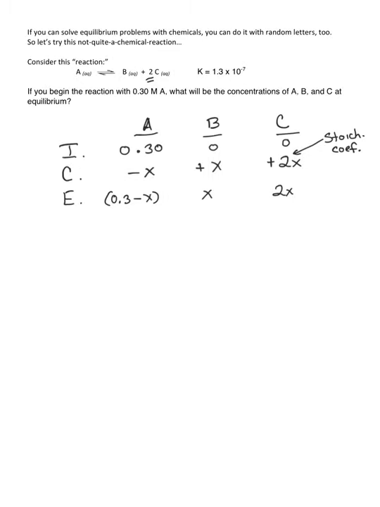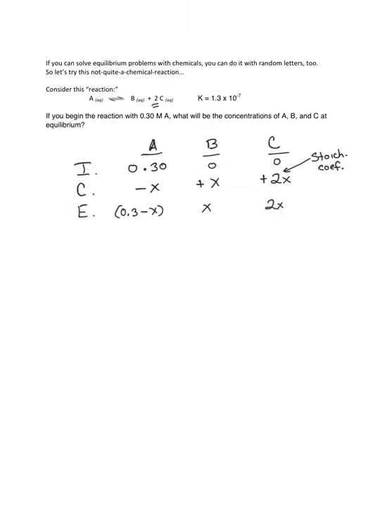But I don't know what x is, so I have to plug it into the equation for K. The equation for K, as always, is products over reactants, all raised to their stoichiometric coefficients. Well, A and B have stoichiometric coefficients of 1, but C has a stoichiometric coefficient of 2, so I have to put that 2 in there.